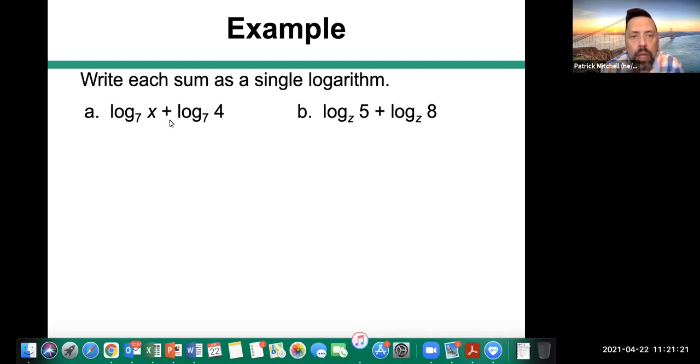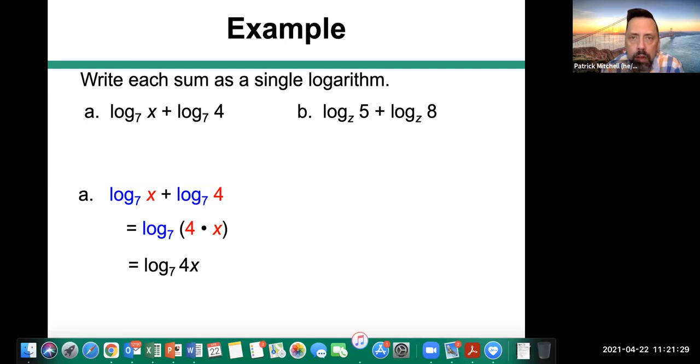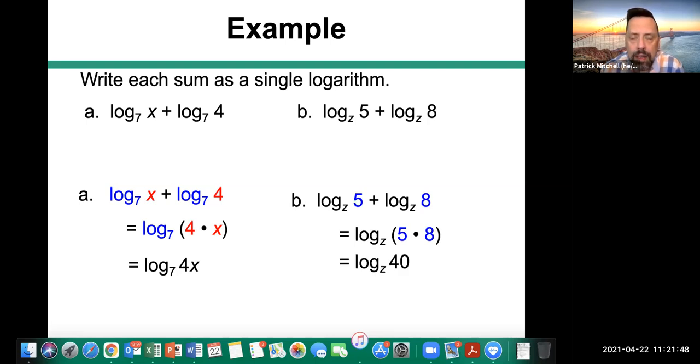So we can combine these into log base 7 of 4 times x, which can be written as log base 7 of 4x. Pretty simple. Log base z of 5 plus log base z of 8 would be equal to log base z of 5 times 8, which is log base z of 40.